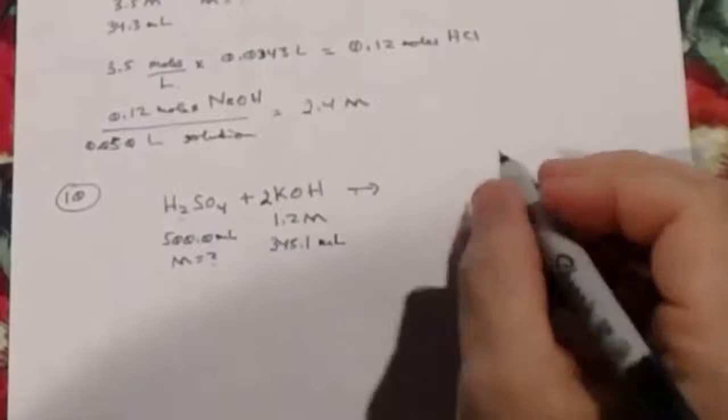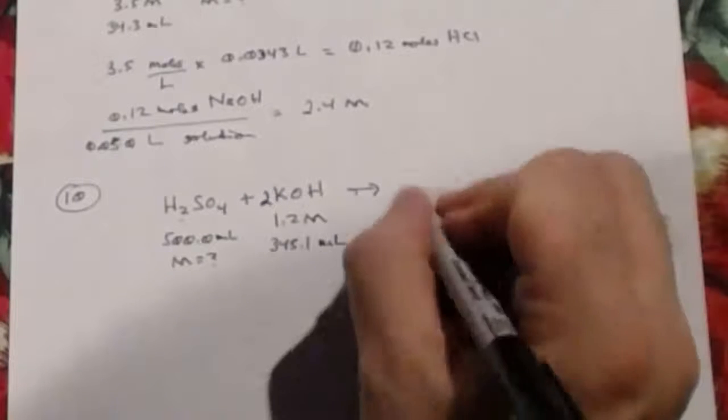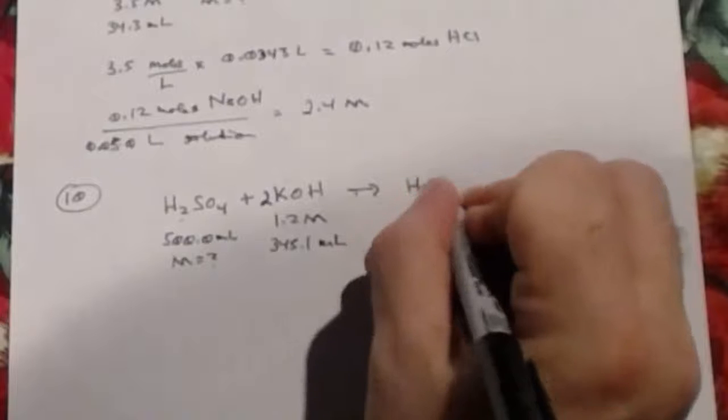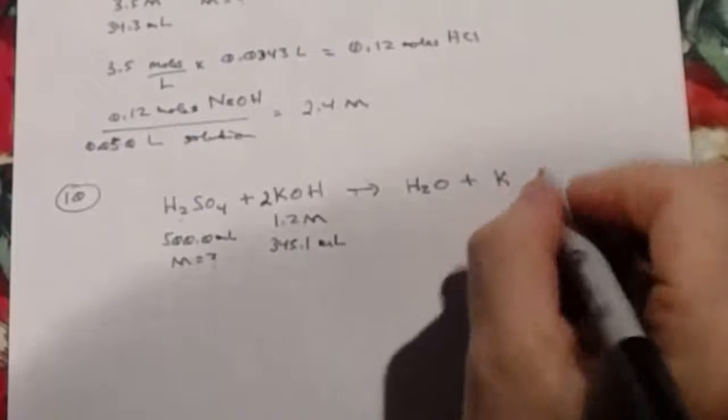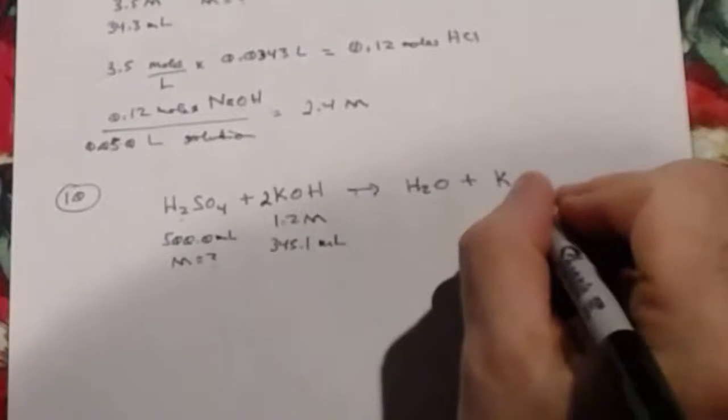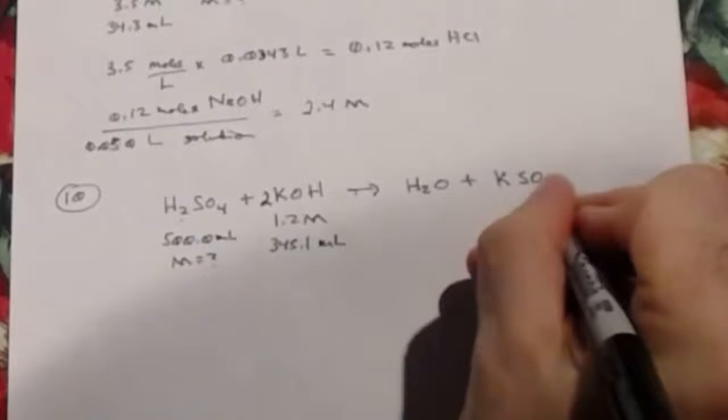But I probably got a little bit too quick there. Let me go back and let's stop and look at what we're going to produce. We're going to produce water and a salt. The salt is going to be the metal from the base and the ion from the acid, potassium sulfate.